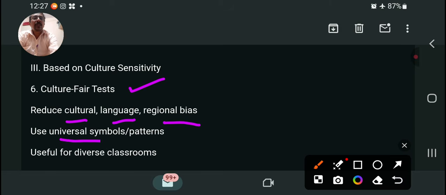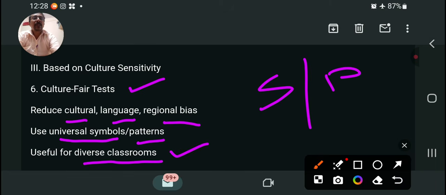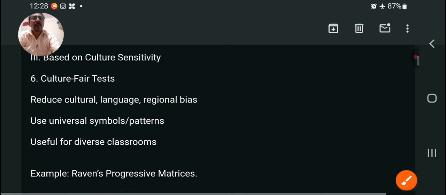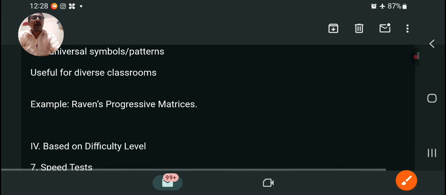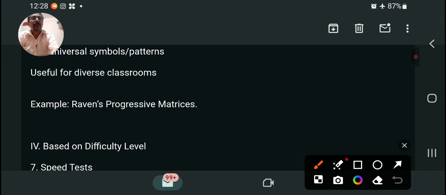It uses universal symbols and patterns, and is useful for a diverse classroom. Example: RPM, Raven's Progressive Matrices.